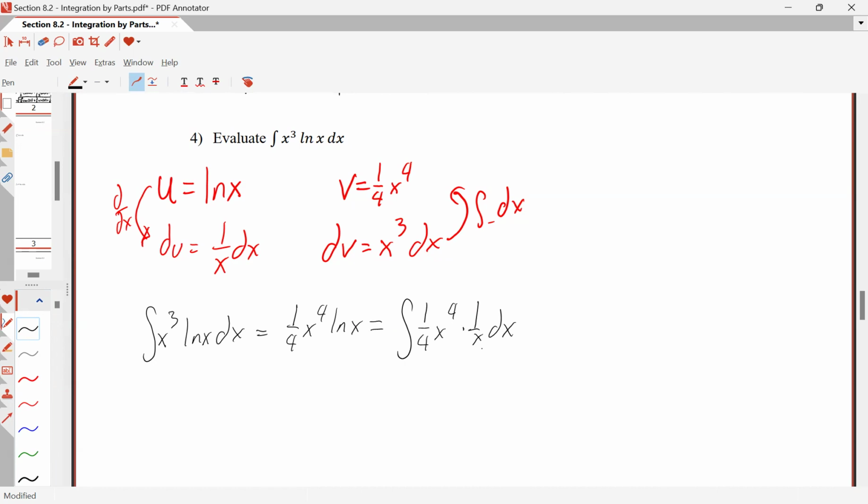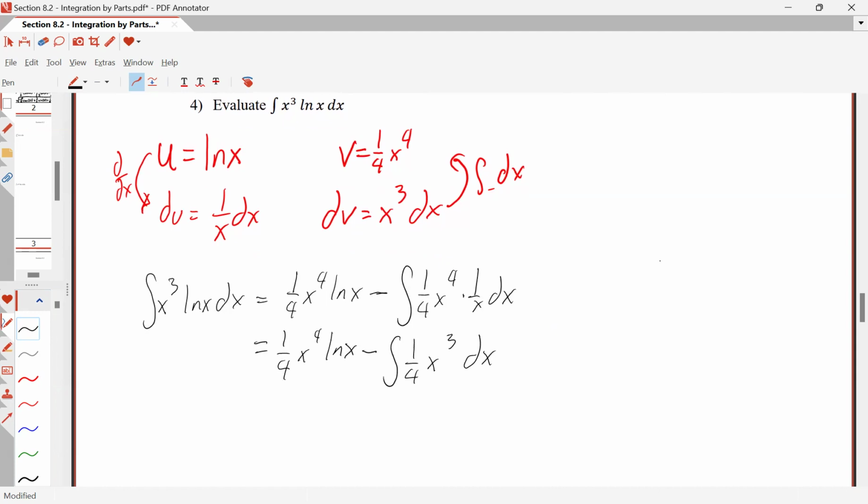X to the fourth times 1 over x is x cubed, making this line 1/4 x to the fourth natural log of x minus the integral of 1/4 x cubed dx.